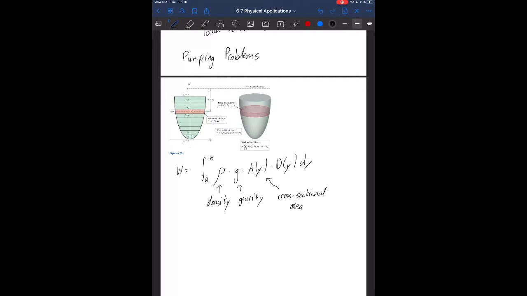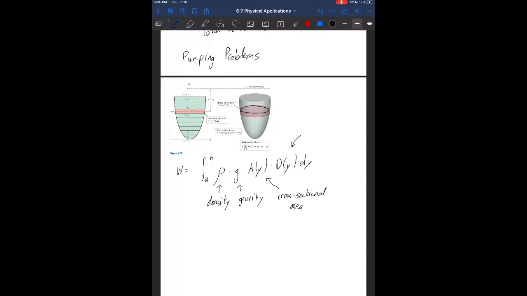So coming up to this figure 6.7 right here, we can see that these cross-sectional areas are going to be given by circles. So in this case, we're going to have pi r squared. But we can see, right, the area is varying depending on the height. So this is going to be a function of our y value or our height value.